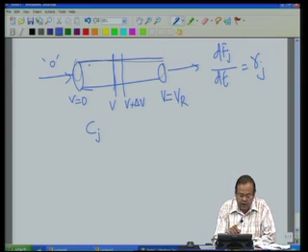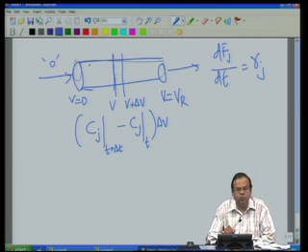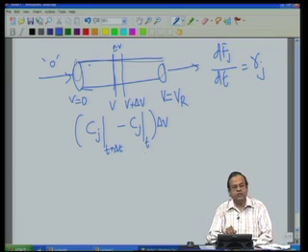So, there is an accumulation. Let us say that concentration at time t plus delta t minus concentration at time t, multiplied by the volume of this element, is how much the mass has accumulated in this small element delta V. Now, this has accumulated as a result of three different things, as I just now said.